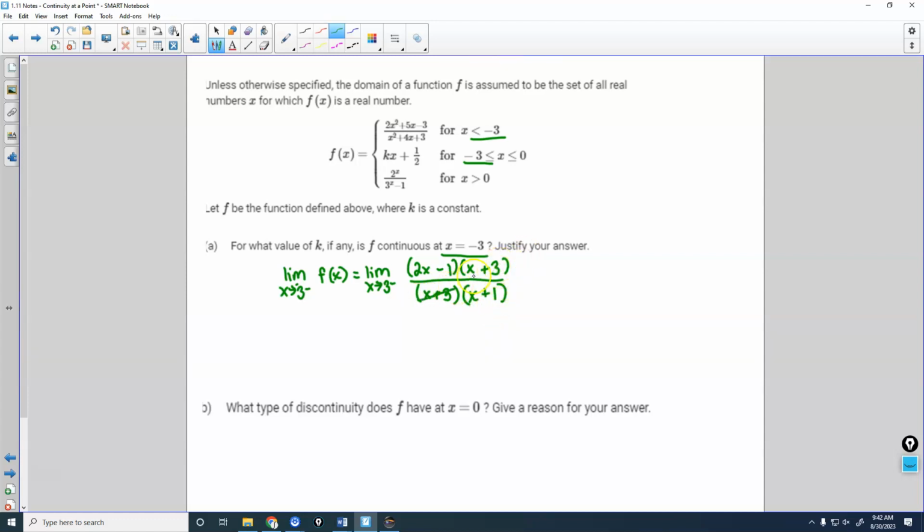And so I could cancel out my x plus 3's, and I could plug in my negative 3. So 2 times negative 3 minus 1 over negative 3 plus 1. So that is going to be negative 7 over negative 2, so 7 halves.